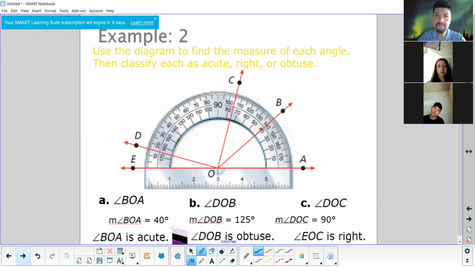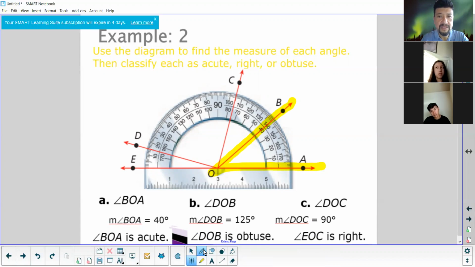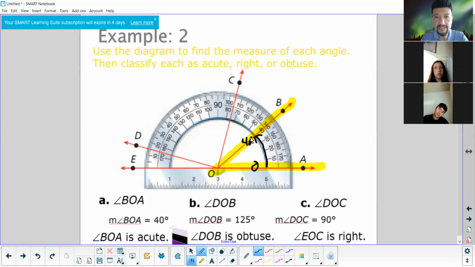And now when you're using a protractor, you're going to come to discover that it's important to know how this measures. Let's focus on this one, angle BOA. What's important that you keep in mind is that you only use one set of measures. I could get 40 degrees by going from 0 to 40, which is the easiest.